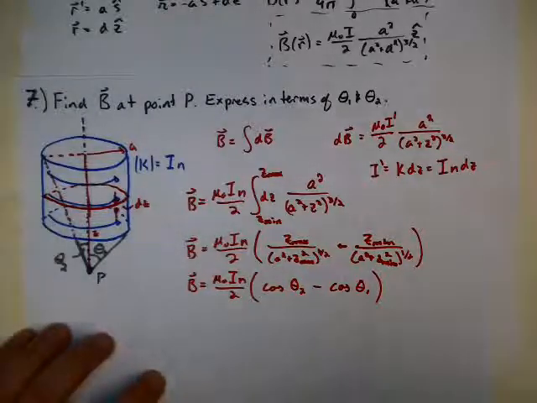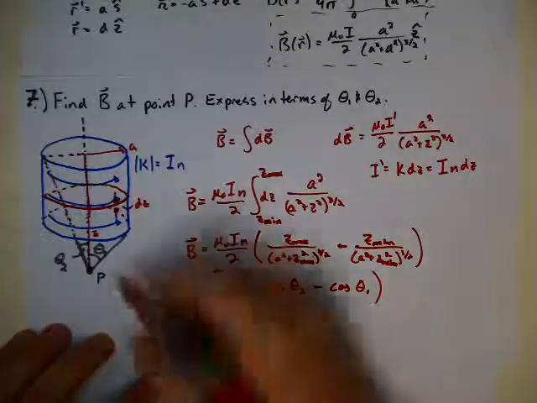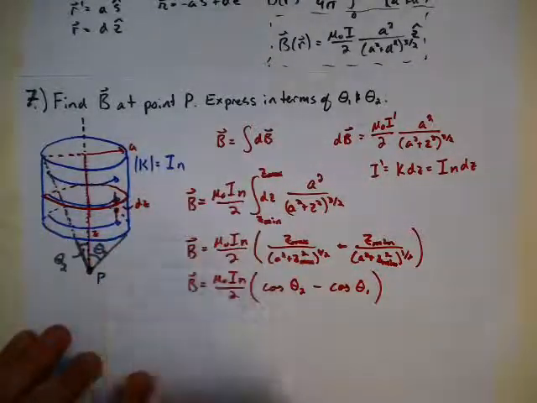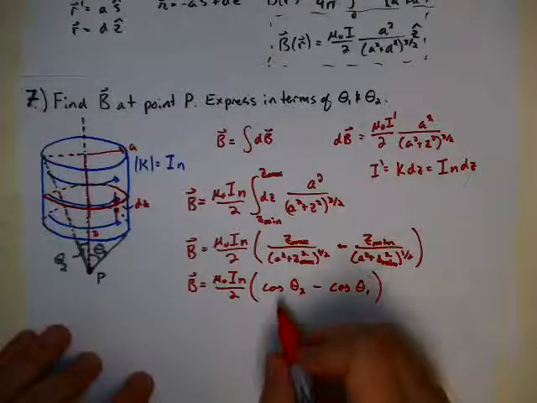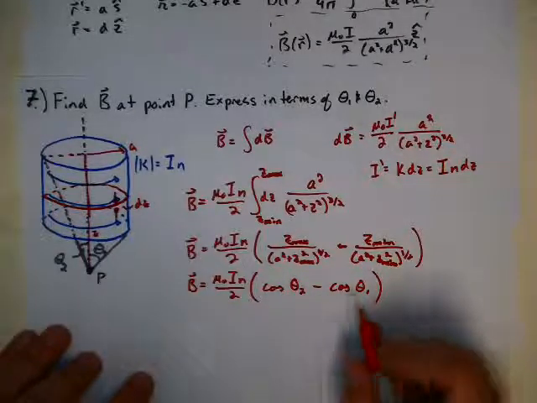And the interesting thing here is, if we look at this for the case of an infinite solenoid, then theta 2 is going to be 0, and theta 1 is going to be pi, because it reaches around all the way to the other side. And cosine of 0 is 1, cosine of pi is negative 1, so I'm going to get 2 out of this.